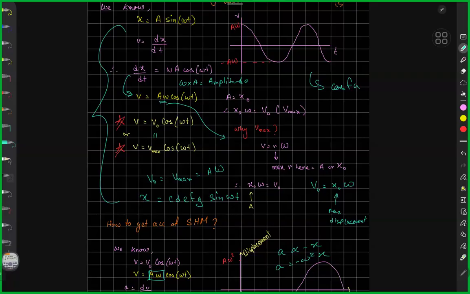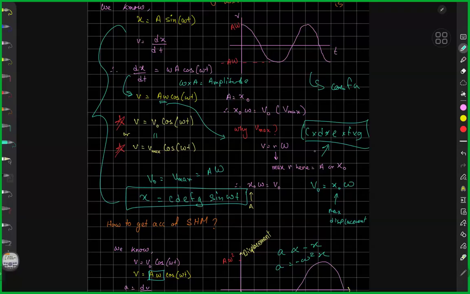X is displacement. Tell me what the amplitude is. C, D, E, F, G. Perfect. C times D times E times F times G. This is the maximum displacement. Whatever the numbers are, it could be anything. I'm just showing it to you.